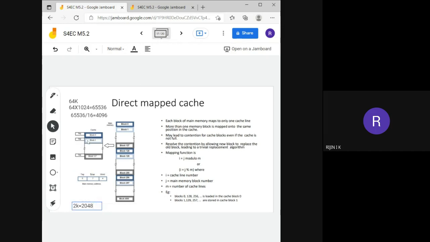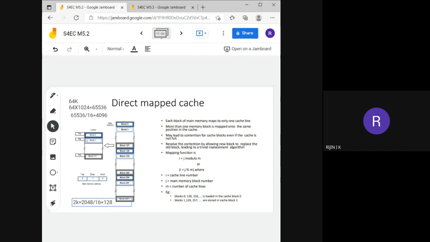Here in the cache memory also we divide into equal-sized blocks, and each block has a size of 16 words, because we have already divided the main memory into 16-word blocks. The same division applies here. That means 2048 divided by 16, so we get 128 blocks in total.